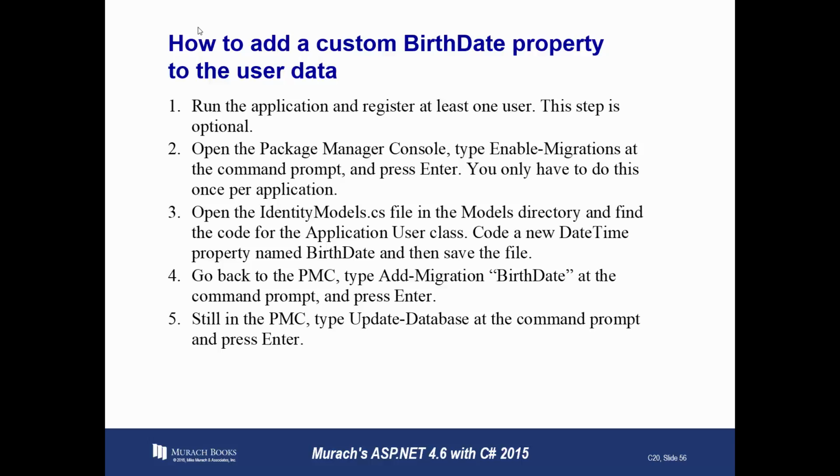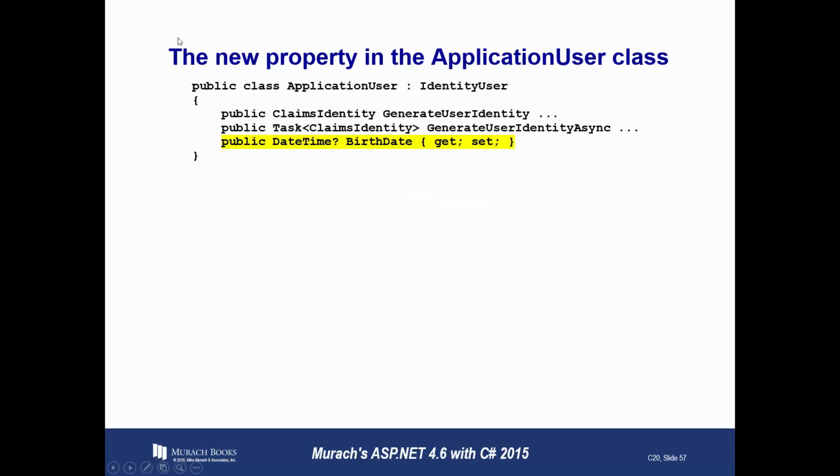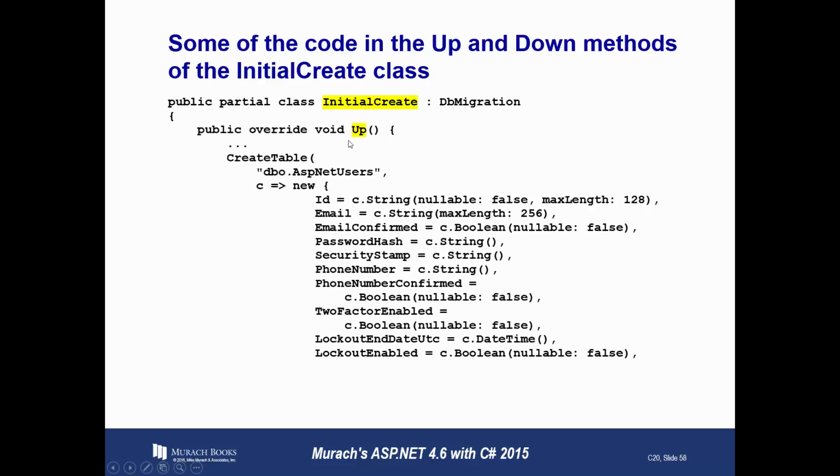Add your new field. Go back to the Package Manager Console. Type add migration with the new field name. Press enter. And while still at the PMC, type update database, which should do the migration for you. And the property should then be added.